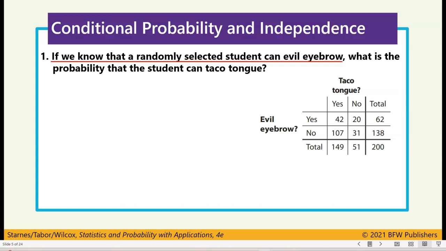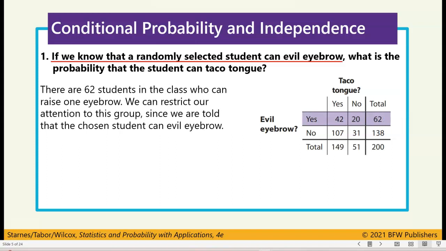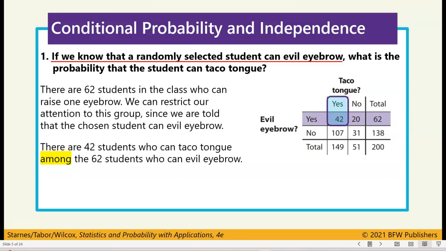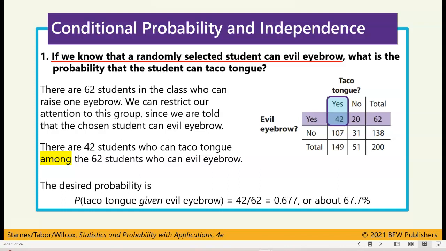There's a total of 62 people we're looking at. Of those 62 people, what's the probability the student can taco tongue? So we're looking only at those yes for evil eyebrow, and of those, we want the yeses for taco tongue. So 42 out of 62 would be our proportion, or 0.677 if we type that into our calculator.